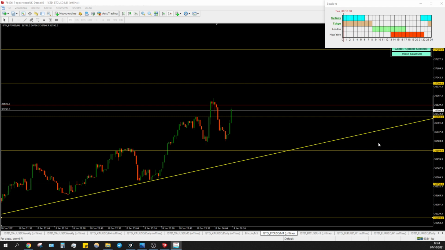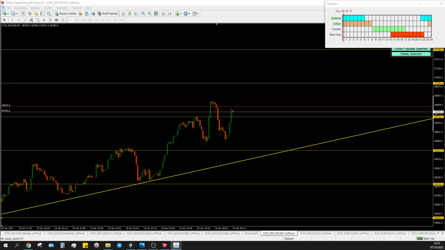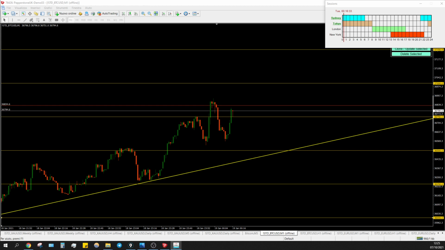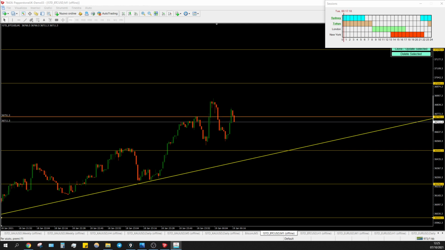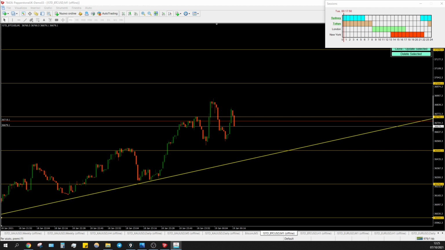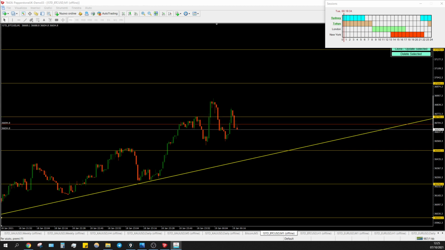Let's see now if we make exactly this same setup or even a wick to the level and then continuation up, then flipping bullish. Not flipping.